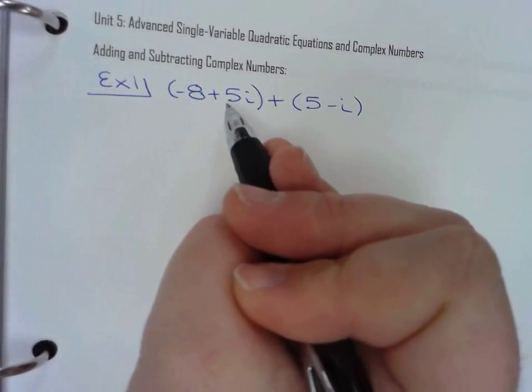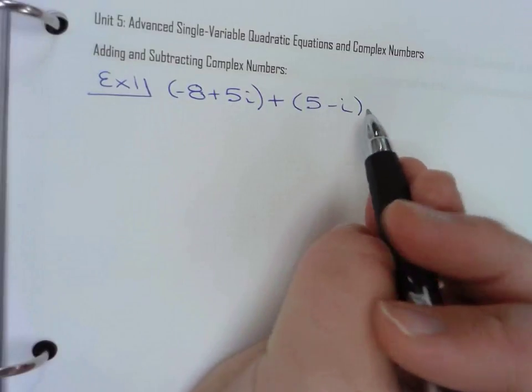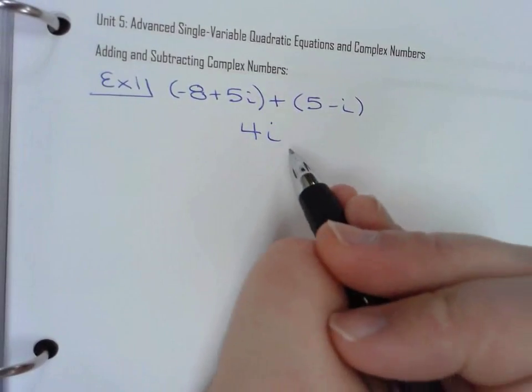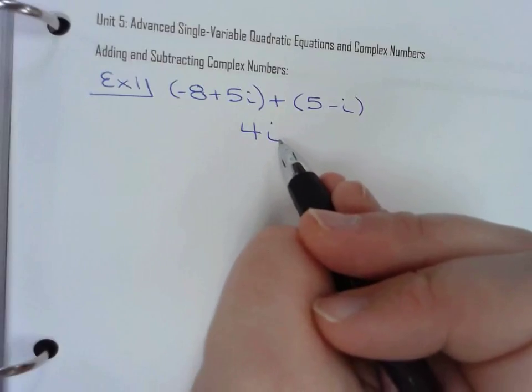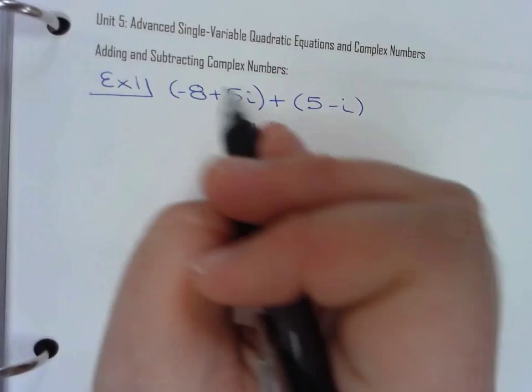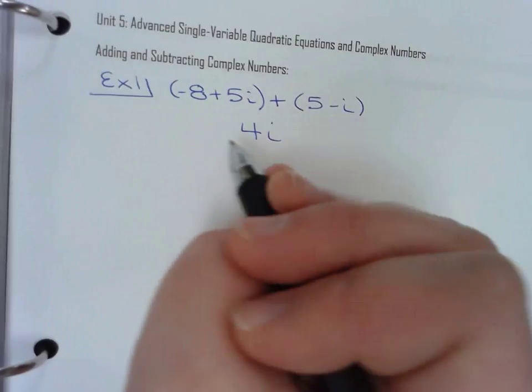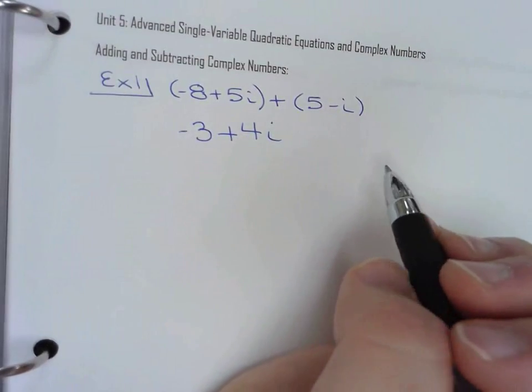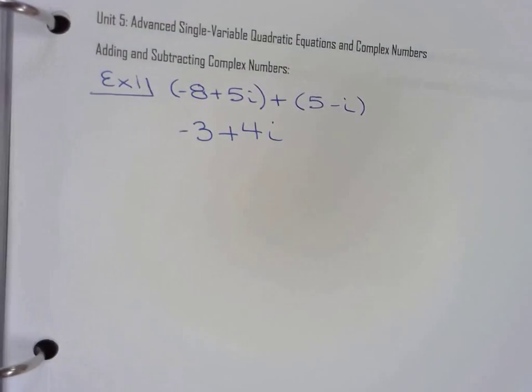The i. So what's 5i plus a negative 1i? 4i. You always put the imaginary part last, second. My real part would be negative 8 plus 5, which is negative 3. So you do it just like you would a normal polynomial, except now we have i's, but it's done the same way.